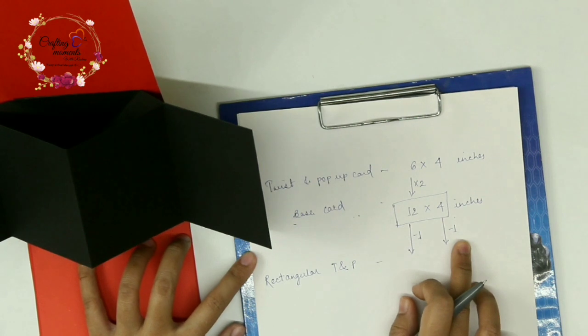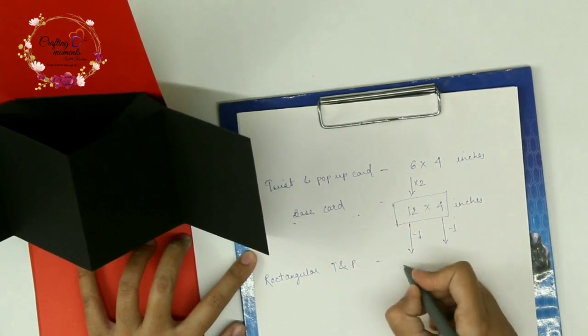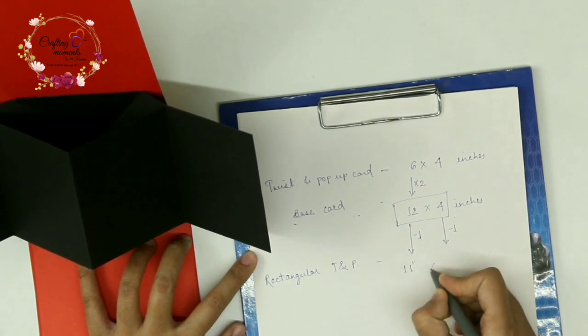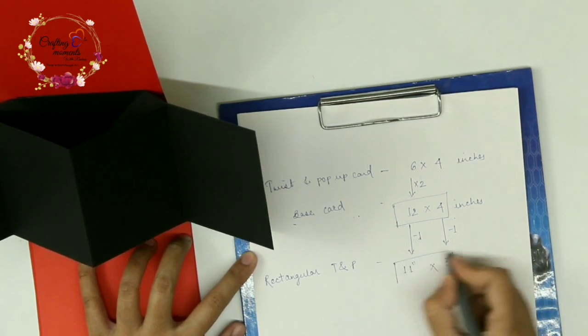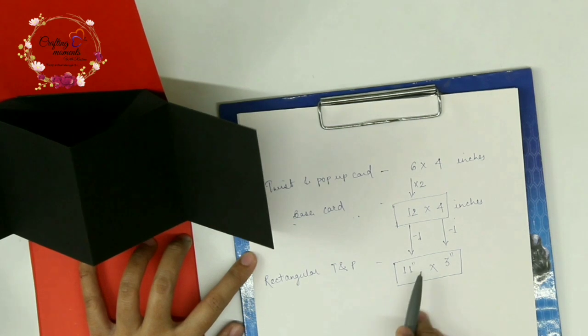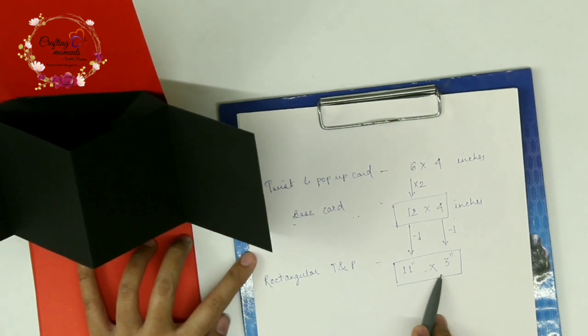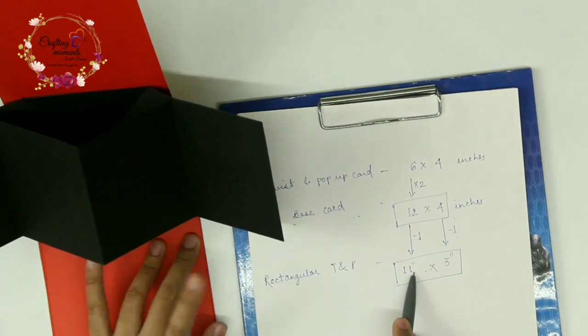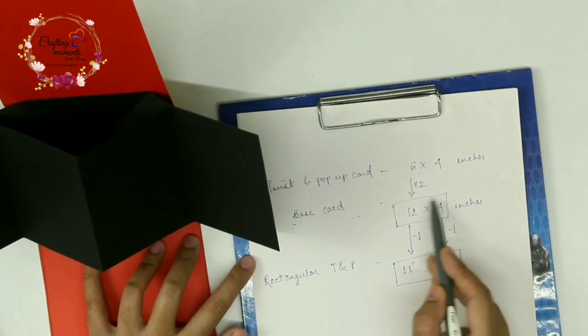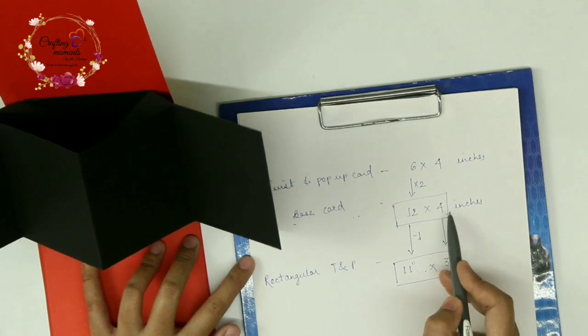This is the simple rule of subtraction. So 12 minus 1 will give us 11 inches and 4 minus 1 will give us 3 inches. This is the size of the cardstock which we need to use for making the mechanism part and the panel card, and this is the size for the base card.